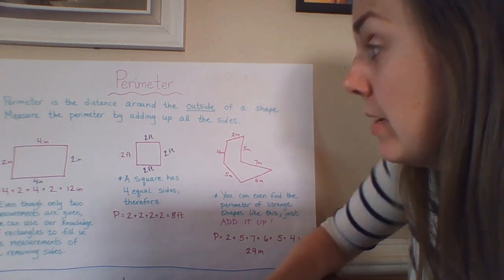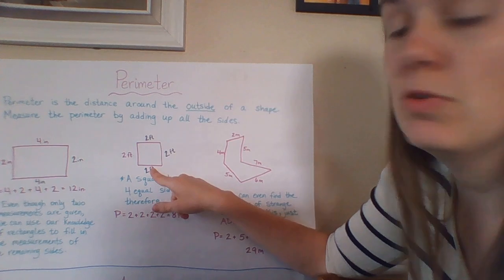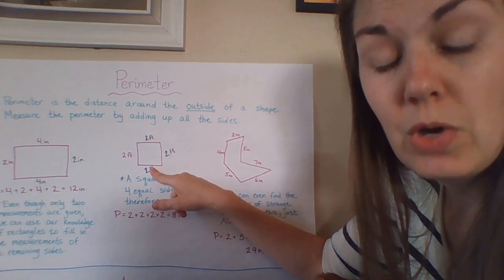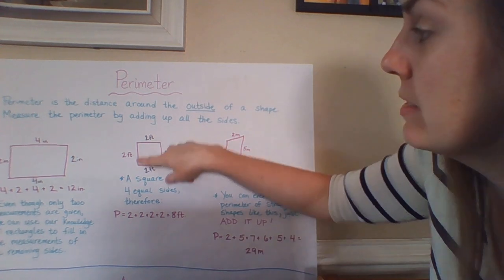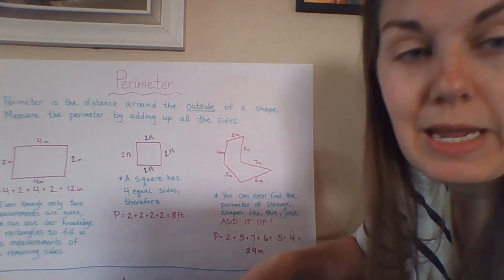And if I add them up, I have 2 plus 2 plus 2 plus 2, or 2 4 times, which would make it 8. So the perimeter would be 8 feet. The distance around would be 8 feet.